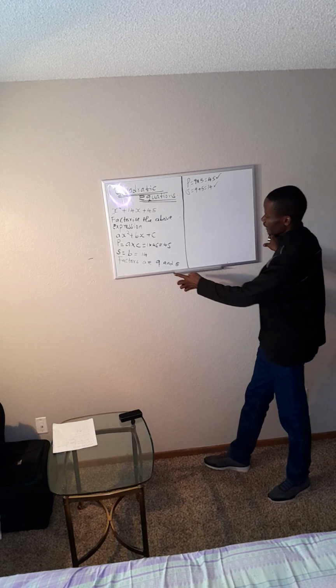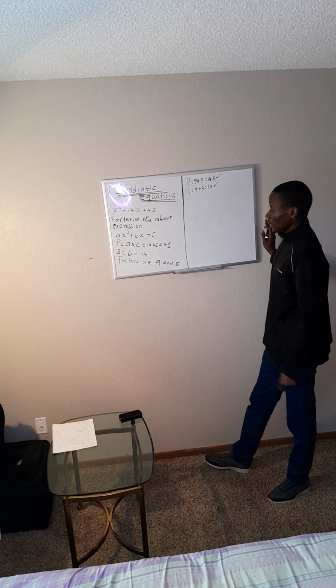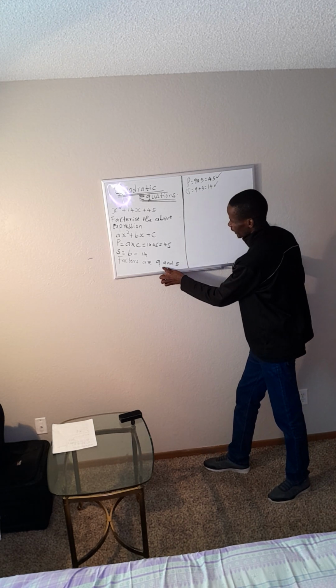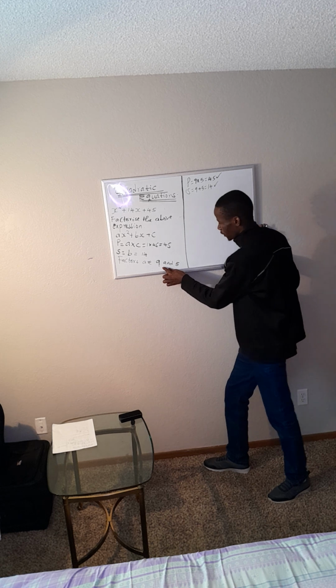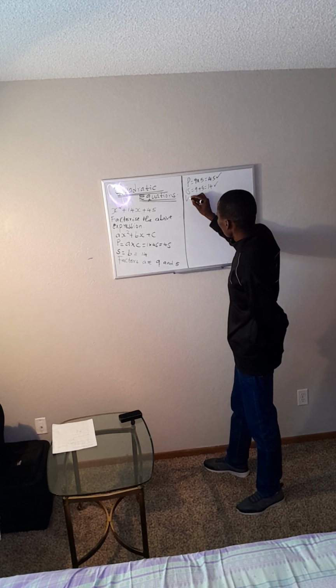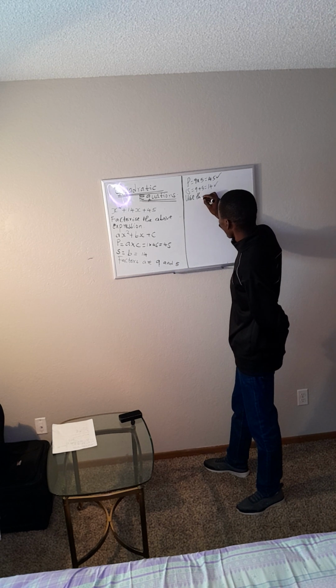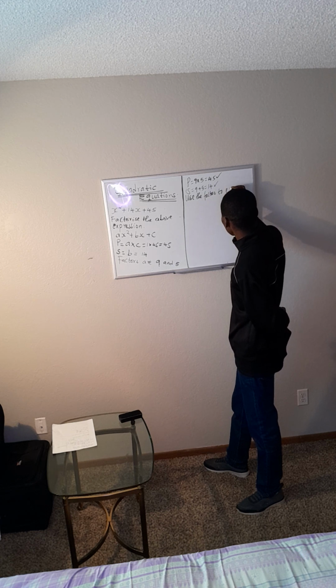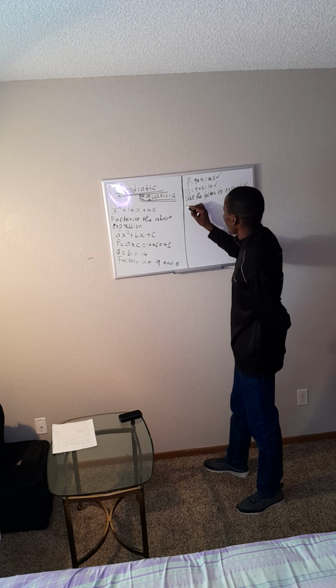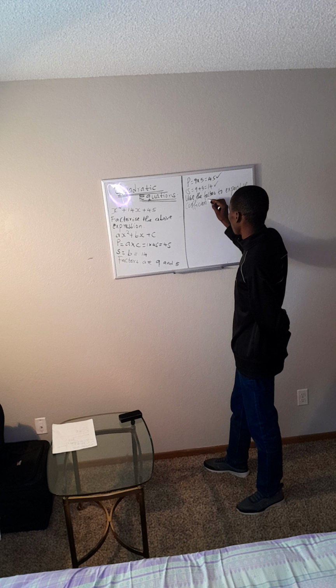Once I have identified the factors, I use these two factors to expand the coefficient of x. At the start of the lesson, I told you what a coefficient is.